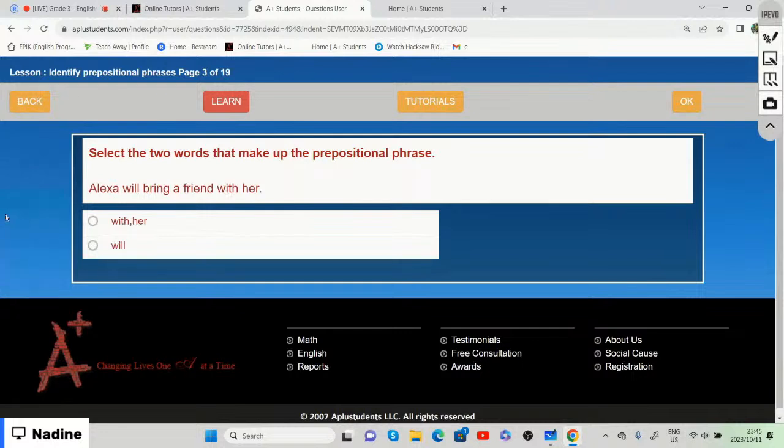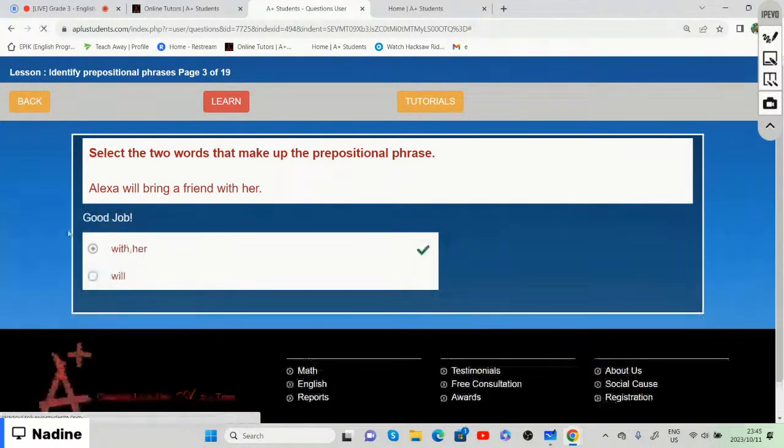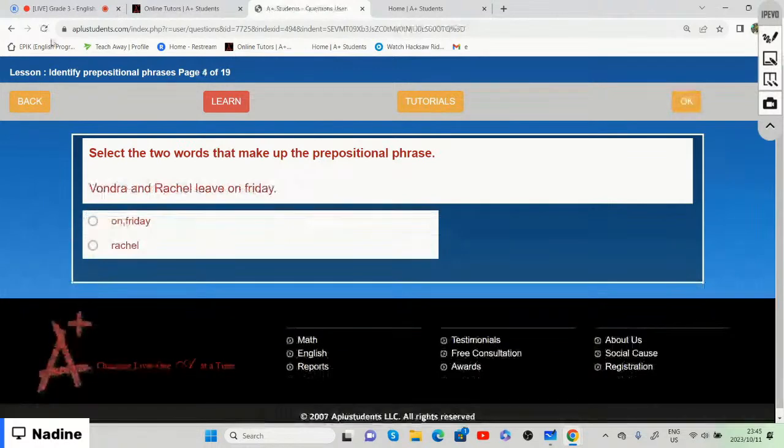So if we select the two words that make up a prepositional phrase, we will say it is with and her, because that is our preposition plus our object. All right, so that is correct.